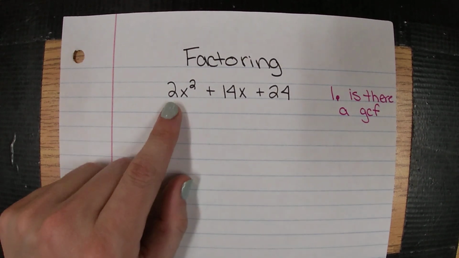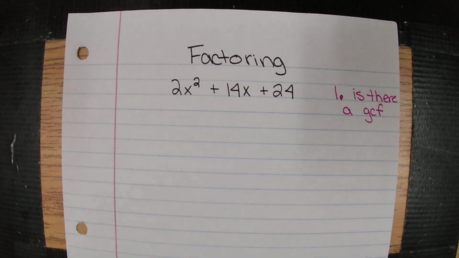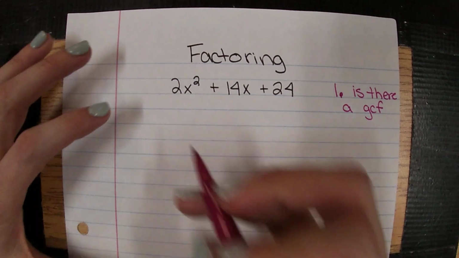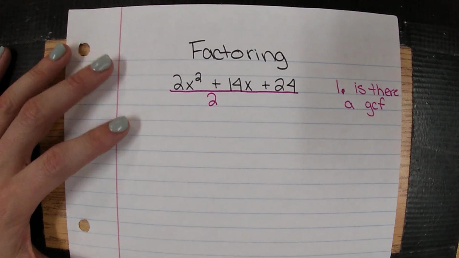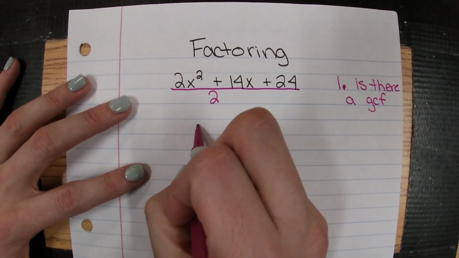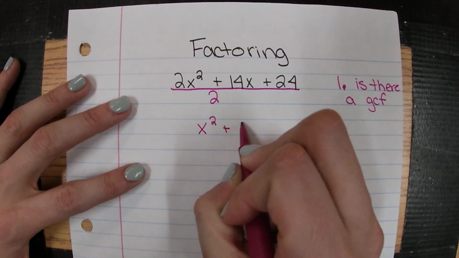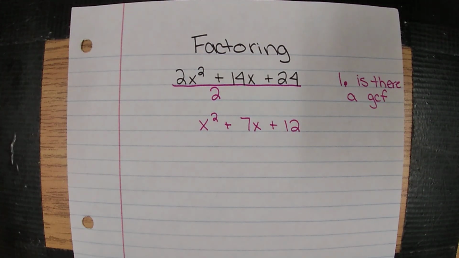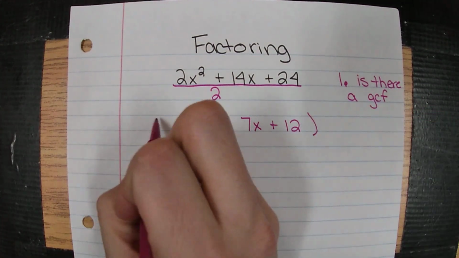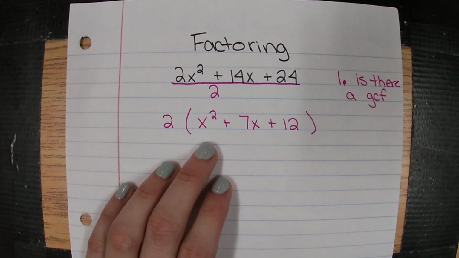So can we think of a number that goes into 2, 14, and 24? And hopefully we say yes. This has a GCF of 2. And so when we pull that out, we get x squared plus 7x plus 12. Okay, that's our GCF, and so now we're here.